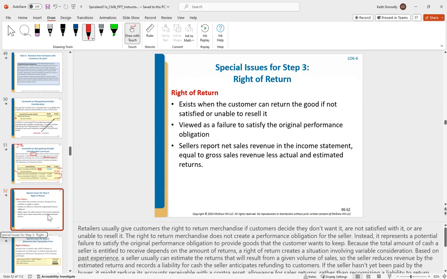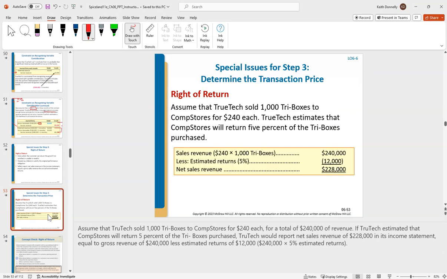All right, a few other things, and then we're up against time here. So right of return, how do you deal with this? You sell stuff and it's possible that your customers can return that. What do you do? Essentially, you're going to report your net sales revenue. So in total, we sold it for $240,000.